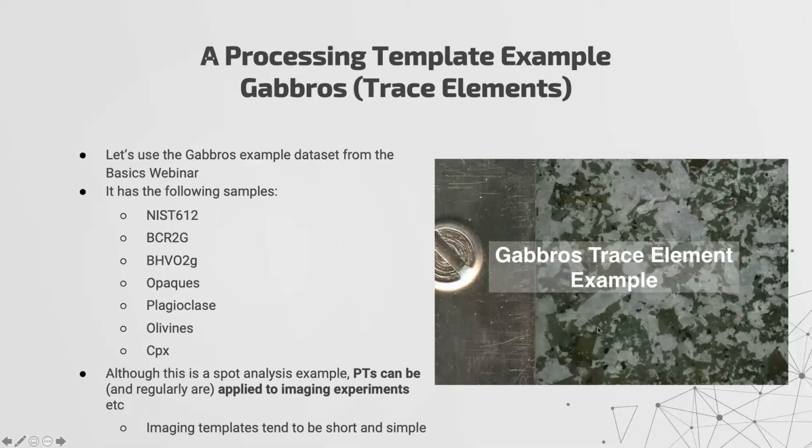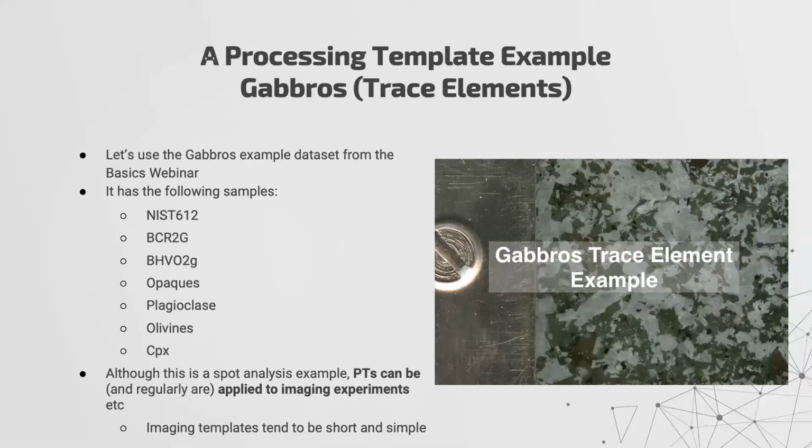If you look here on the right-hand side, you can see an image of what the rock looks like. The opaques are these really dark-looking grains. The plage are these lighter ones. And the olivines and the CPEX are in there as well. Even though this is a spot analysis, and all the examples today will be looking at spot analyses, I just wanted to mention that the processing templates can equally be applied to imaging experiments, and regularly are.